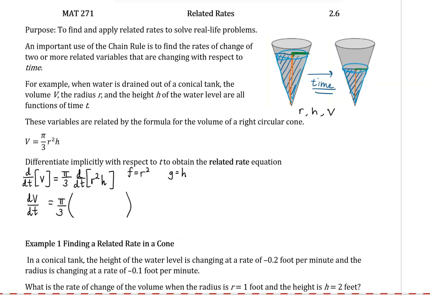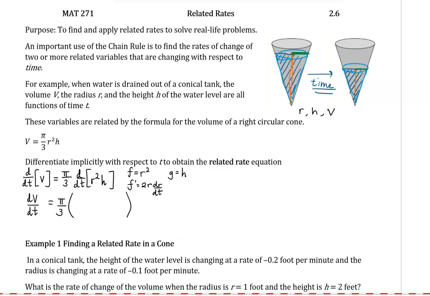Here is where we need to make sure that we are applying the chain rule, because for the derivative of r squared, we take the exponent of 2 and bring that down to get a 2r. But remember, this was not x, this was r.